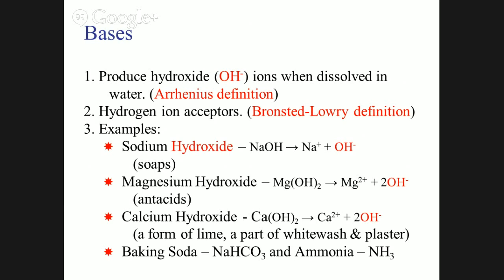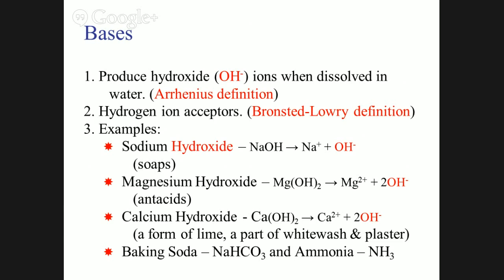Some examples of bases: sodium hydroxide, NaOH, which you can find in soaps; magnesium hydroxide, Mg(OH)2, which can be found in antacids; and then calcium hydroxide, Ca(OH)2, a form of lime, which is a part of whitewash and plasters.